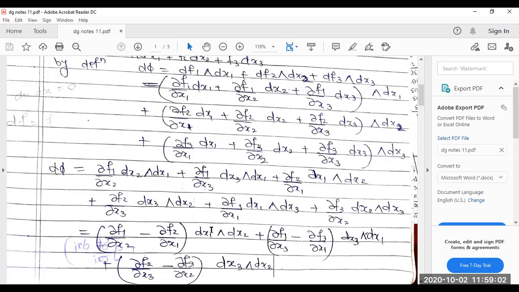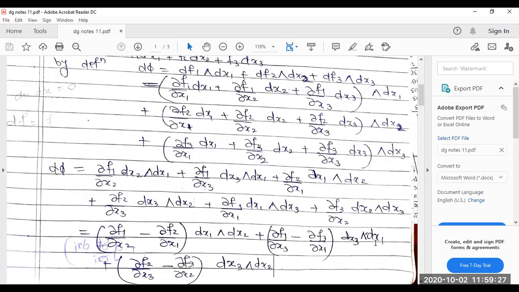So finally we remain with only one term, that is, we have to perform a derivative of this function with respect to x3 and wedge product of these two terms with dx3, that is dx1 wedge dx2 wedge dx3. Here we have to perform the partial derivative with respect to x3. Similarly, you can work for the next one, where we have x3 and x1.